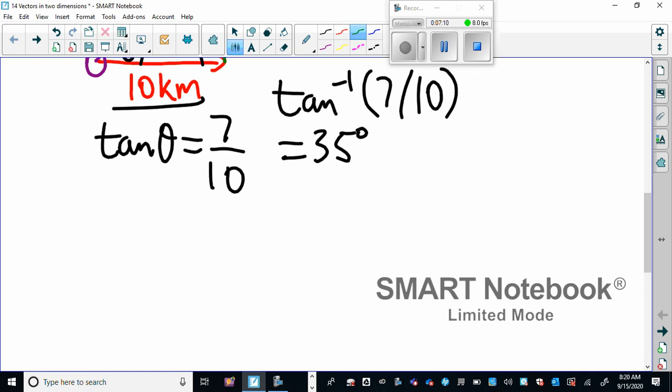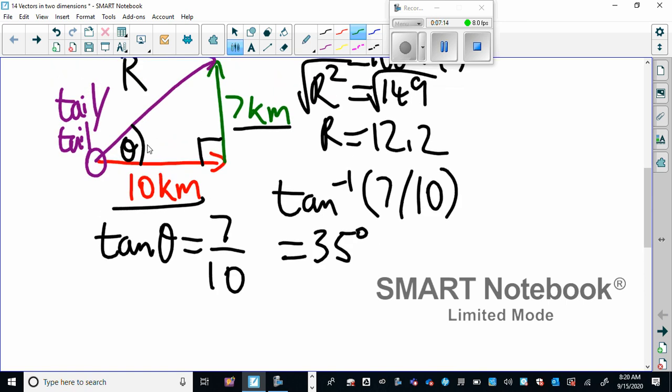The preferred way of expressing that direction is to look at the triangle, and you can see that we're starting at east, and we're going towards the north. So if you're just watching the mouse here, we're starting at the east, and then we're going towards the north. So I'm going to say east 35 degrees north. That's in my opinion, the best way to express that angle. You could also say 35 degrees north of east.